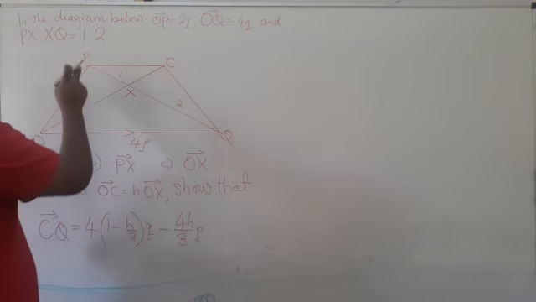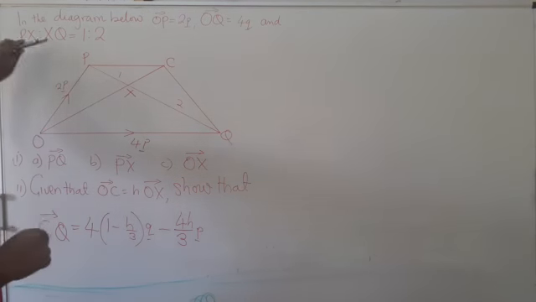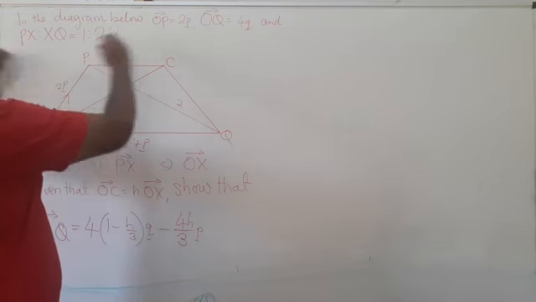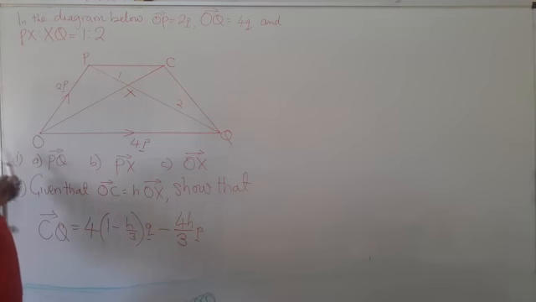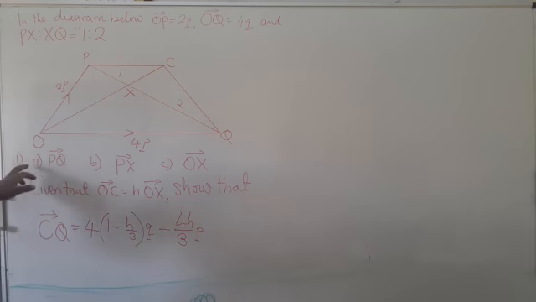It means that from P to Q, in terms of the ratio, it is 3. When the ratios are given, they're not given for formality, they're very important, and you need to interpret them first.